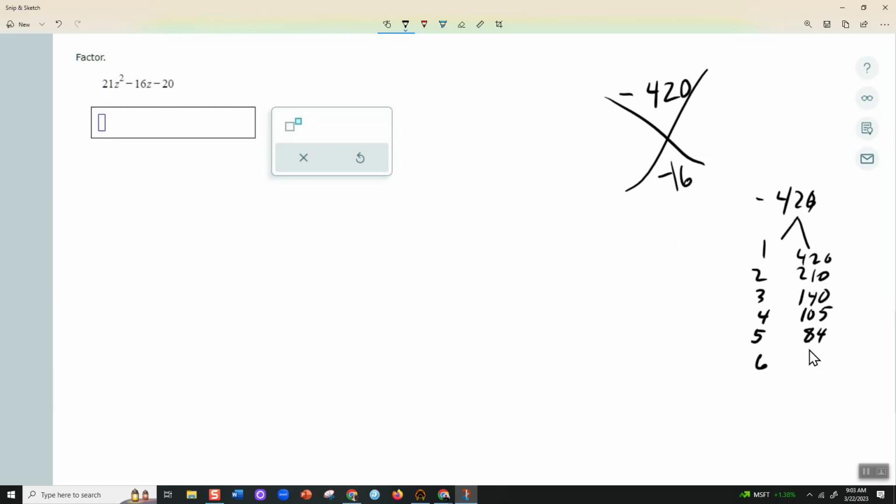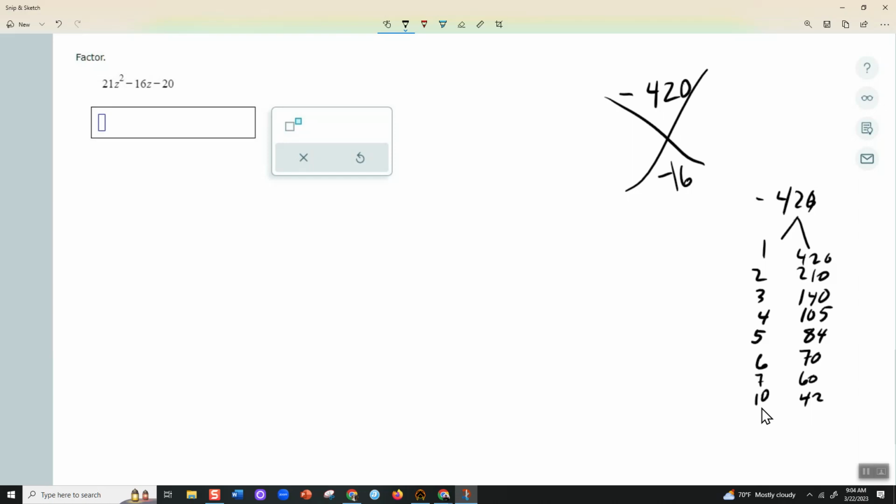6 and 70. 7 and 60. 8. Does it go in there? Let's see, 8 goes into 420 5 times with a remainder. Nope. So that is not an option. 9. No, 10. Yes. 10 and 42. 11.